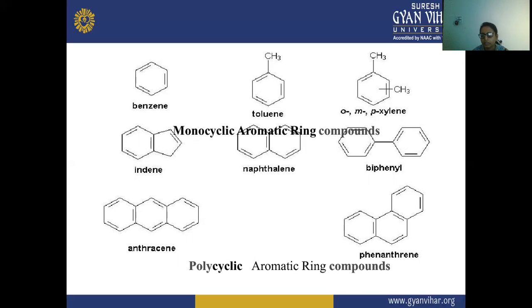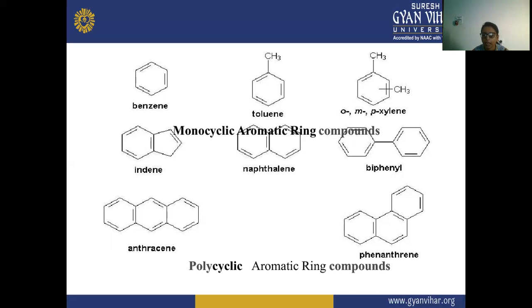And next is your polycyclic aromatic ring compound. In the polycyclic aromatic ring compound, they contain double or triple rings. As in the case of indane, you can see two rings attached to it. In naphthalene, two benzene rings are fused to each other.